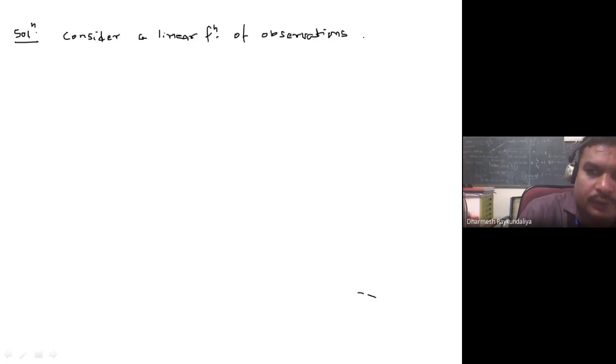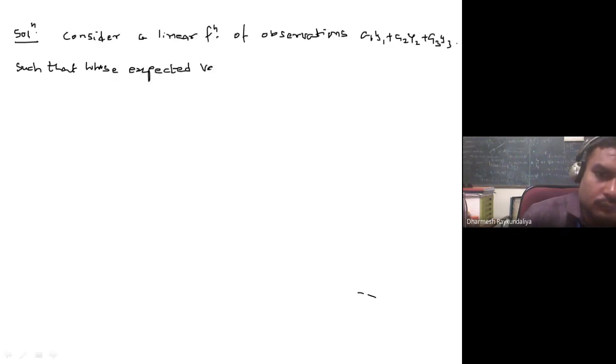Consider a linear function of observations a1 y1 plus a2 y2 plus a3 y3 such that whose expected value is identical to lambda 1 beta 1 plus lambda 2 beta 2 plus lambda 3 beta 3. Why have we considered it like that?